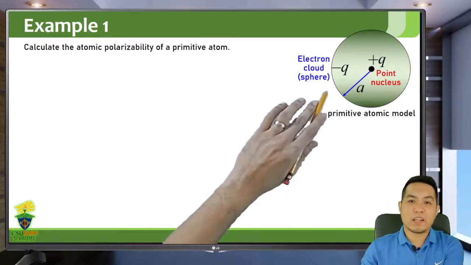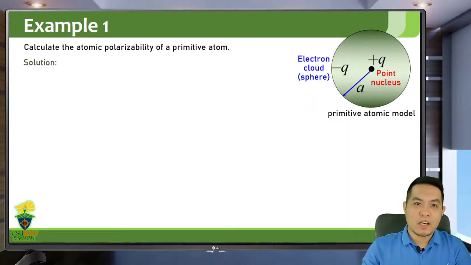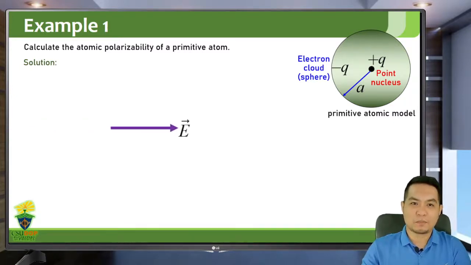The radius of the electron cloud is also a. We are asked to calculate the atomic polarizability of this primitive atom.